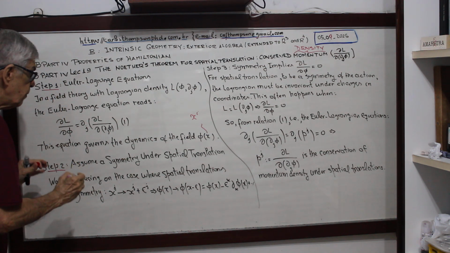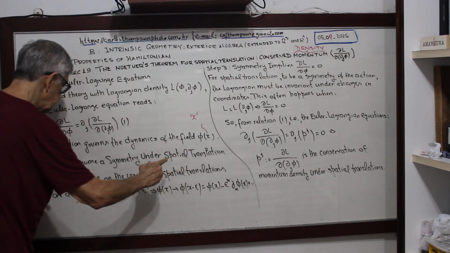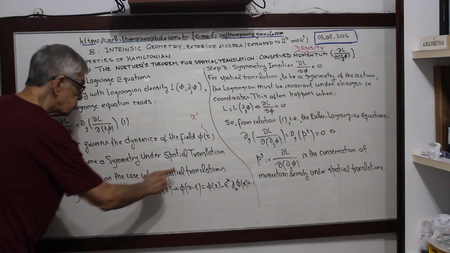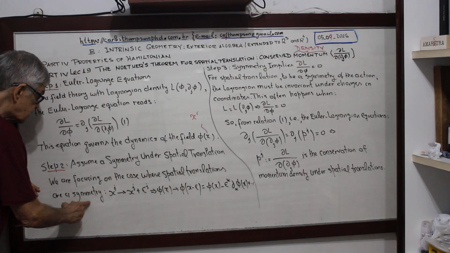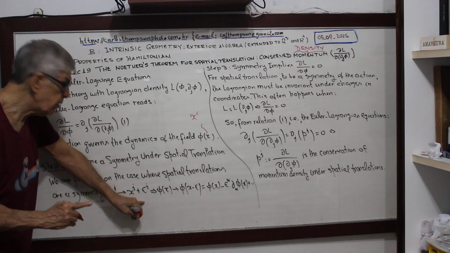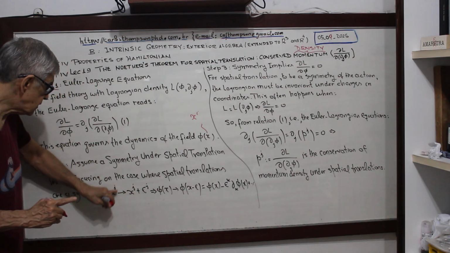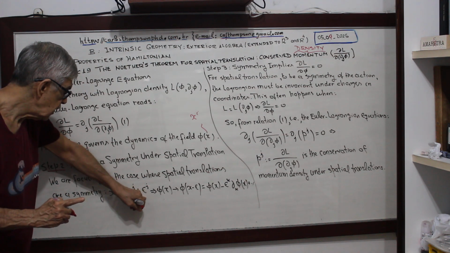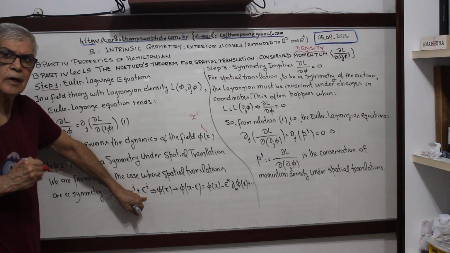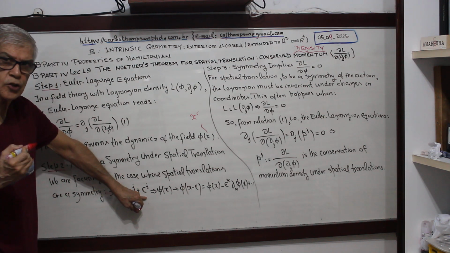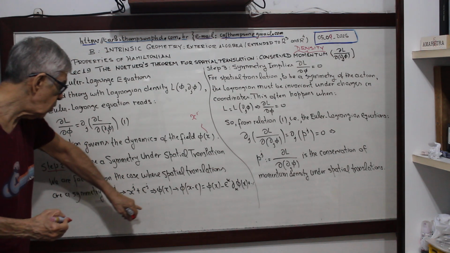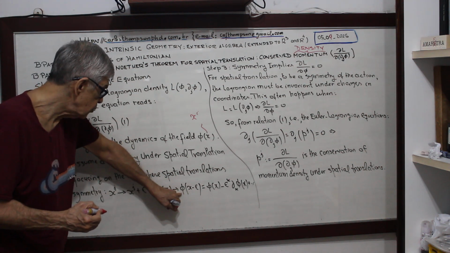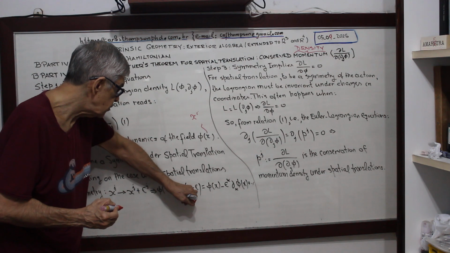Assume a symmetry under a spatial translation. We are focusing on the case where the spatial translations are a symmetry. This we did before: x_j goes to x_j plus a little increment, which in general is constant. So now these are the coordinates, and this is the field at x minus epsilon.